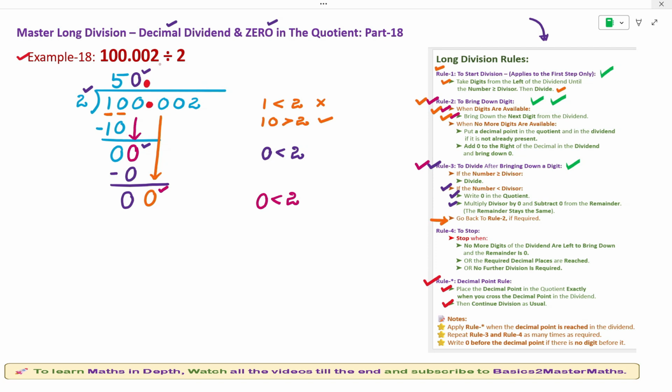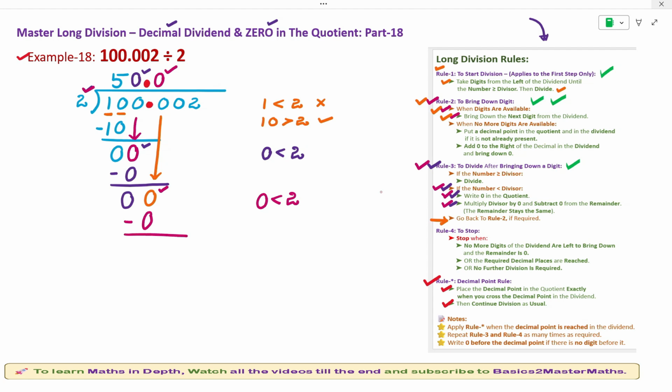So, as per rule 3, if the number is less than the divisor, write 0 in the quotient, then multiply divisor by 0 and subtract 0 from the remainder. 2 zeros are 0.